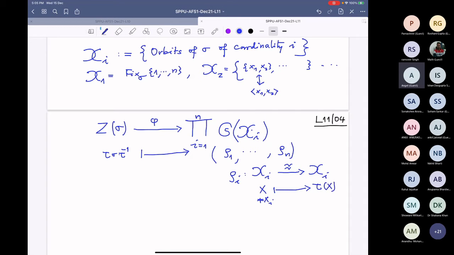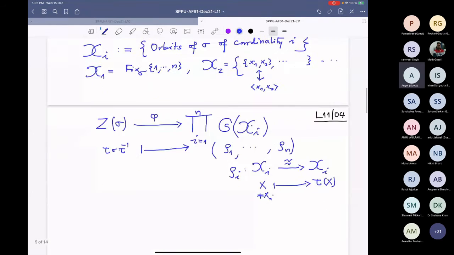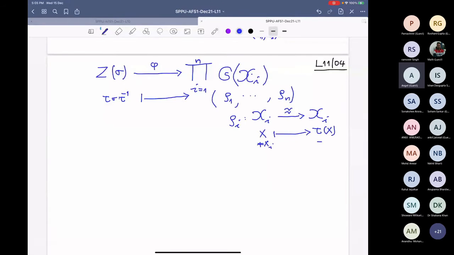Then we have observed that it is also an orbit of the same cardinality. So the cardinality of tau x is also equal to I. So that is the map.